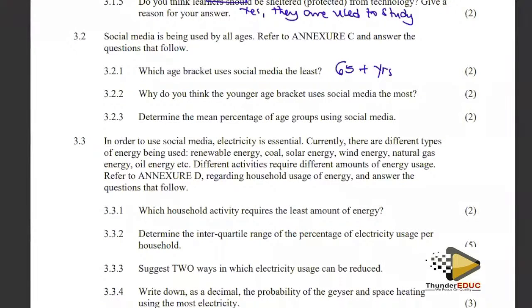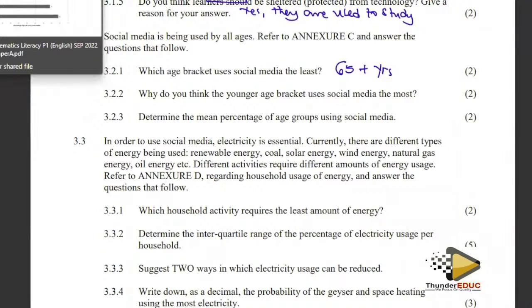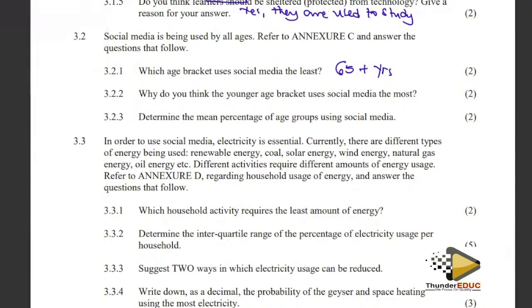Determine the mean. Determine the mean percentage of the age group using social media. The mean percentage. All right, here we go. We have question 3.2.3.